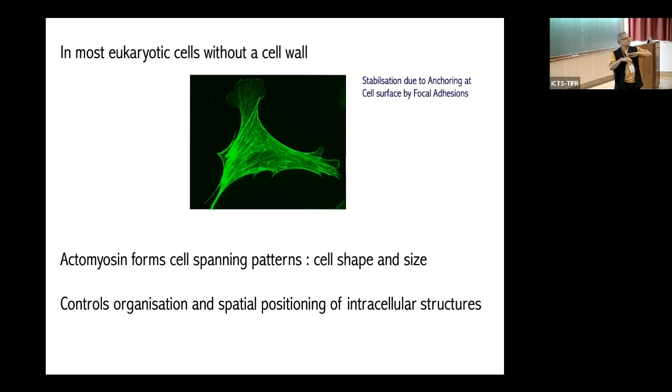These are called stress fibers. The existence of these stress fibers is due to stabilization by these surface anchors, which comes about because the cell is attached to a substrate. Okay. So is that fine?